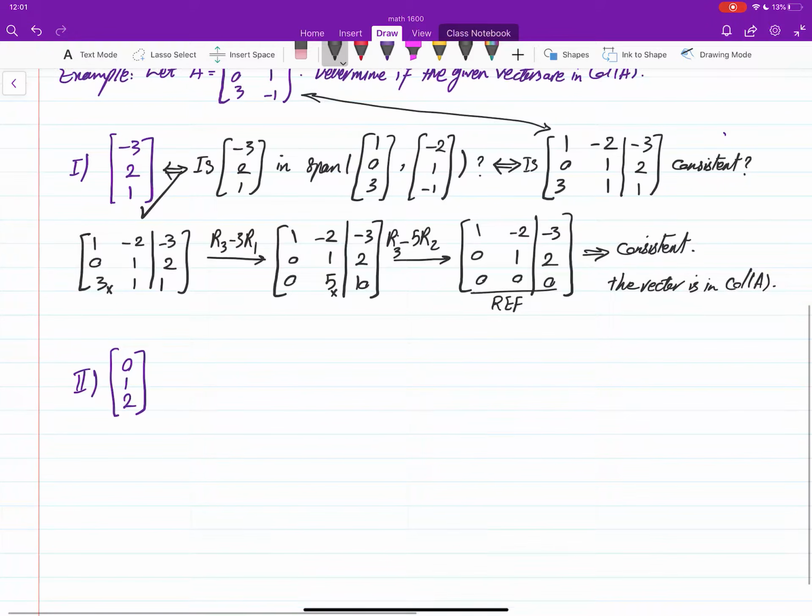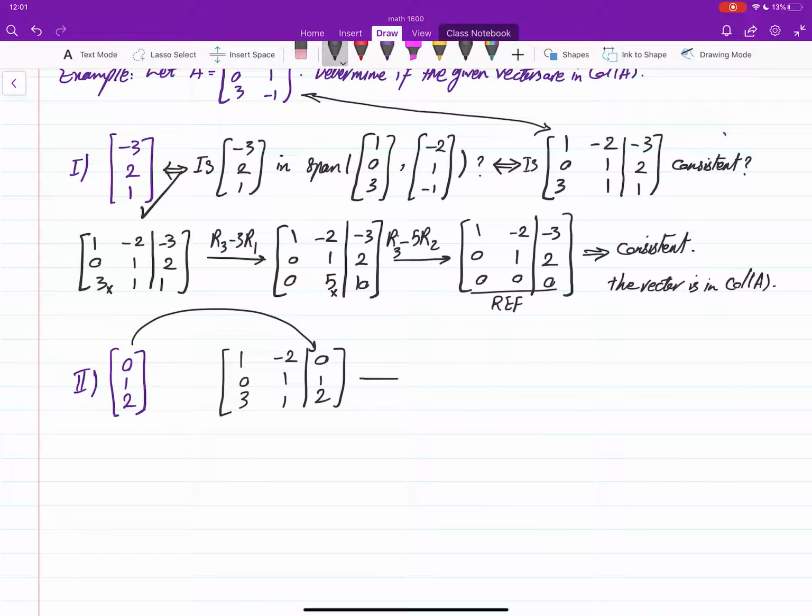How about this one? We already know what to do, so you just do 1, 0, 3, negative 2, 1, 1, and negative 3. I'm going to put this guy here, 0, 1, 2. We do the same operation, R3 minus 3R1, and we get 0, 5, and then 2. The rest stays the same.